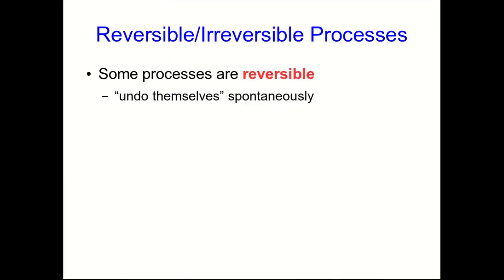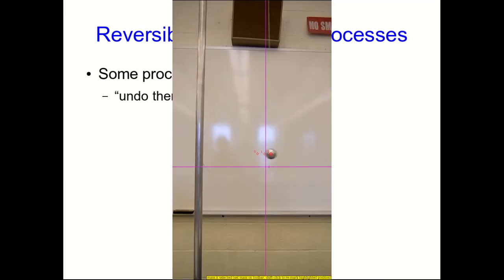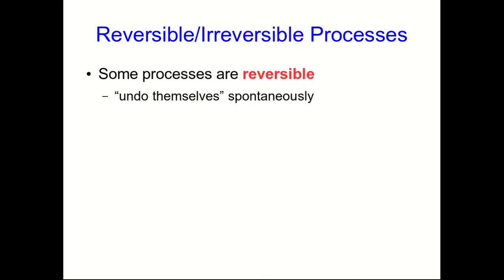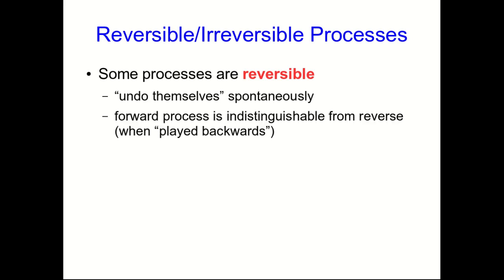You can think of the swing to the right as the process, and it undoes itself as the pendulum swings back to the left. The other thing to notice is that if I were to play the video of the swing to the left backwards, you'd be unable to distinguish that from a video of the pendulum swinging to the right.